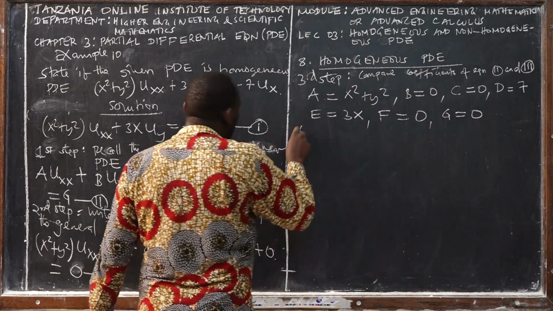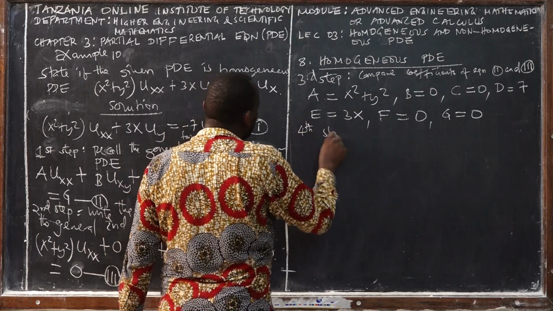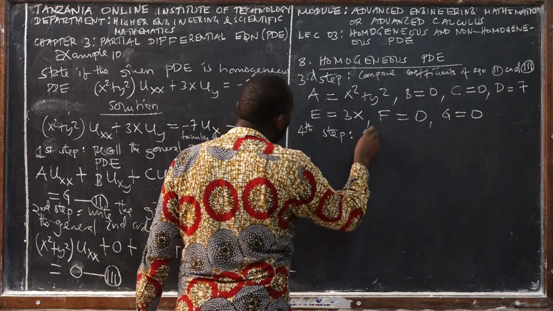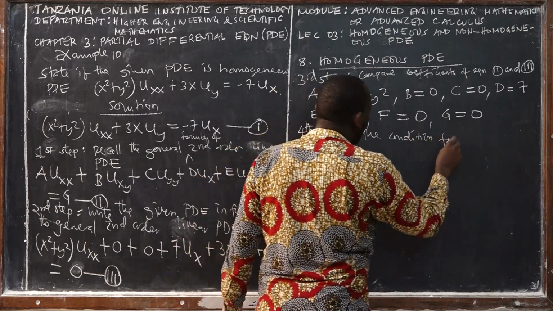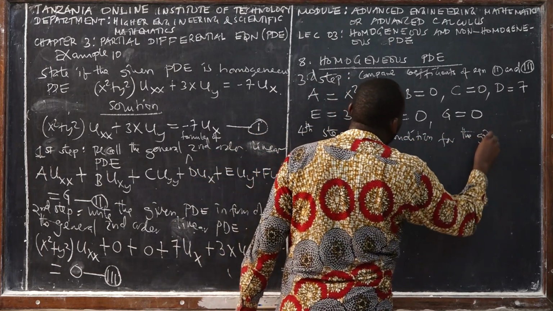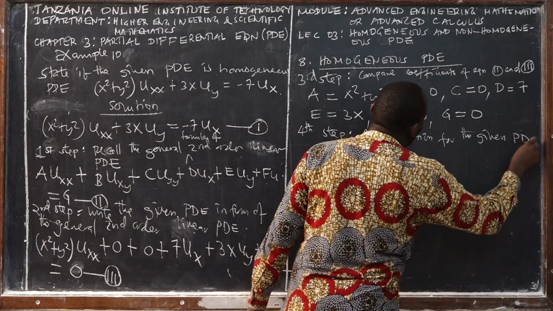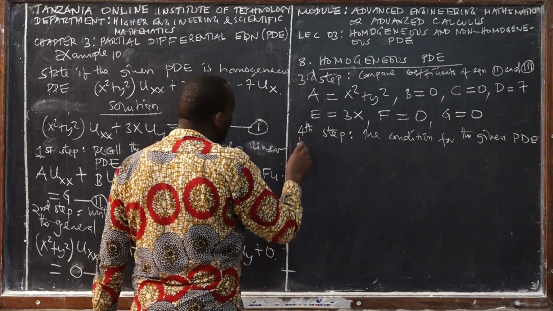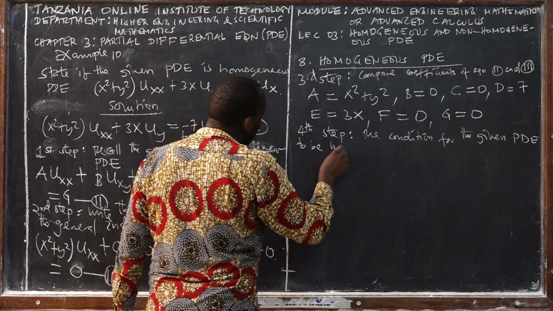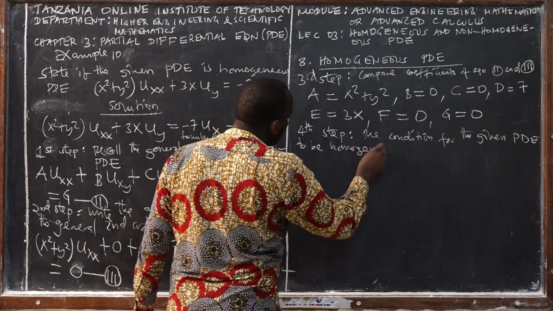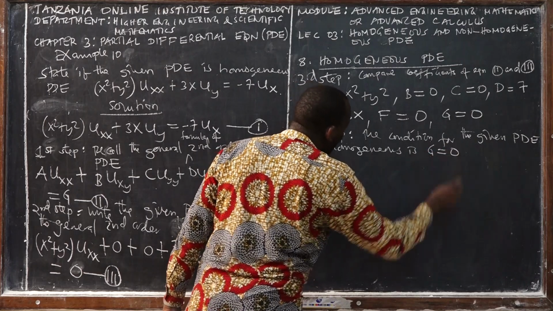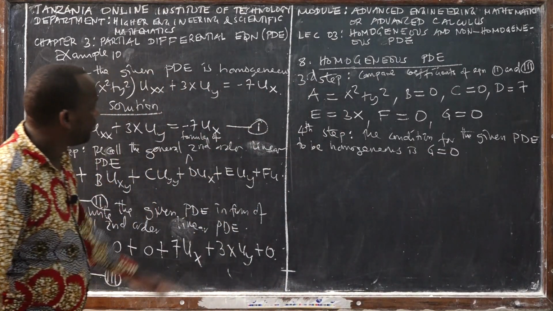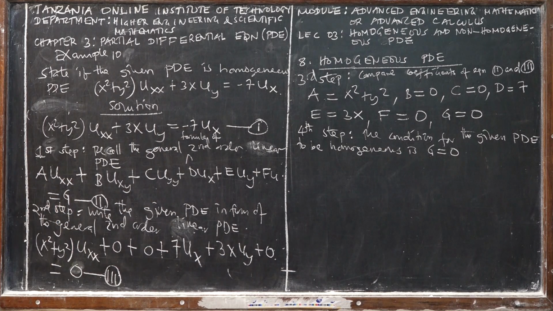0. So the first step, we say that the condition for the given partial differential equation to be homogeneous is if G is equal to 0. In that comparison, is G equal to 0?